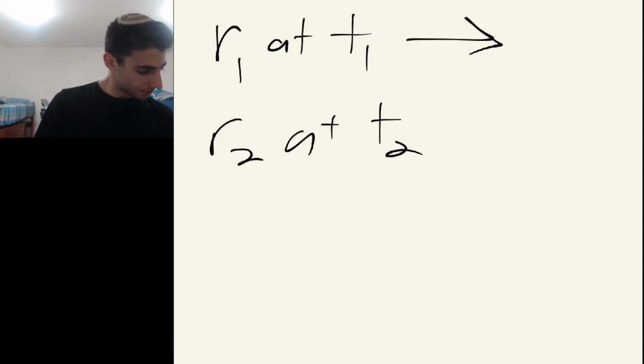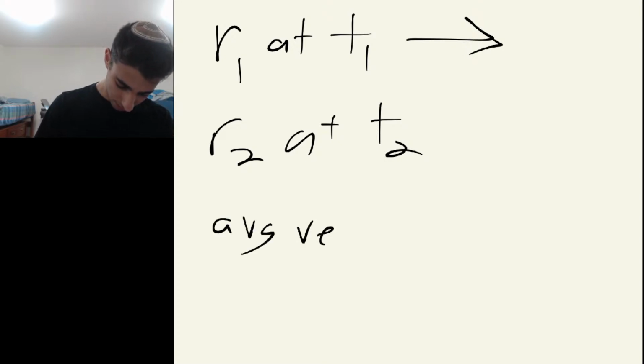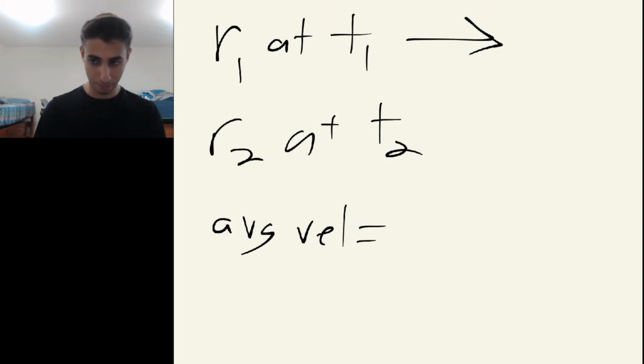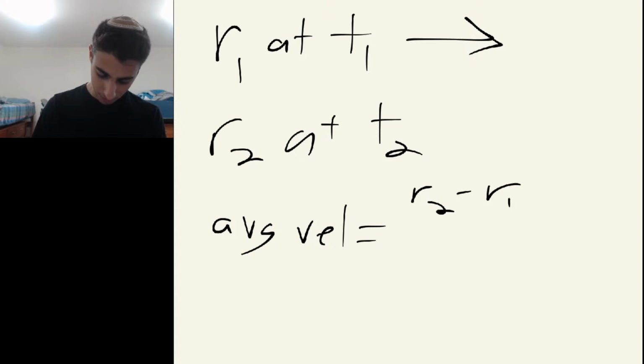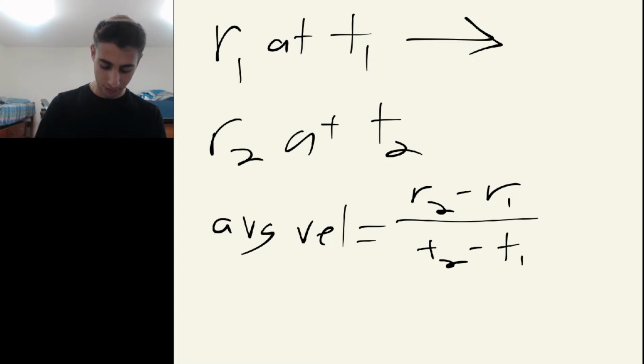The average velocity equals, and this you should know from basic physics, r2 minus r1, your displacement, divided by the amount of time it took, t2 minus t1. That is your average velocity. Now the problem is, you may think that this is your velocity.